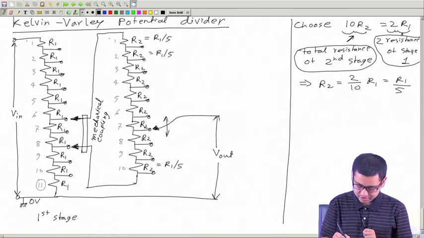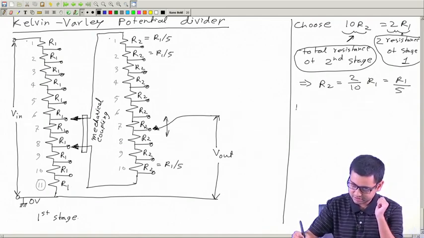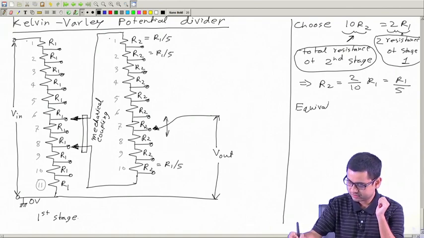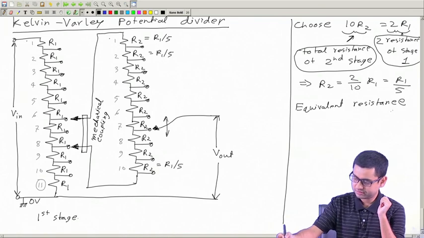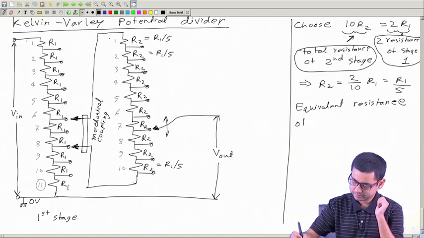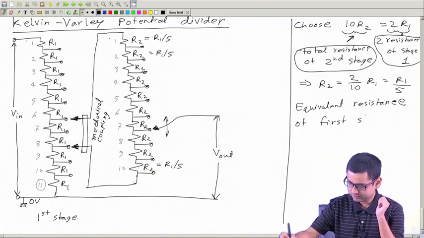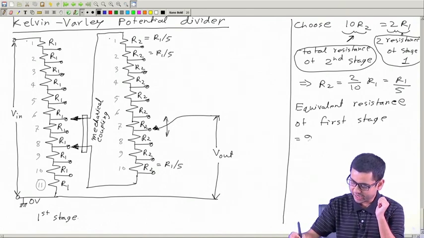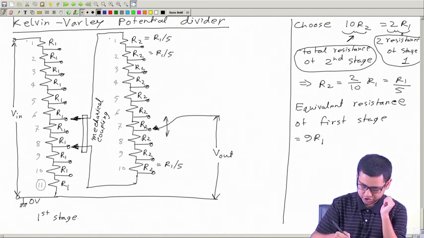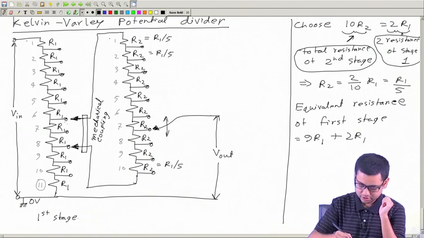So the equivalent resistance of first stage will be 9 R1, 1, 2, 3, 4, 5, 6, 7, 8, 9, plus this 2 R1 in parallel with this. This is 10 R2.